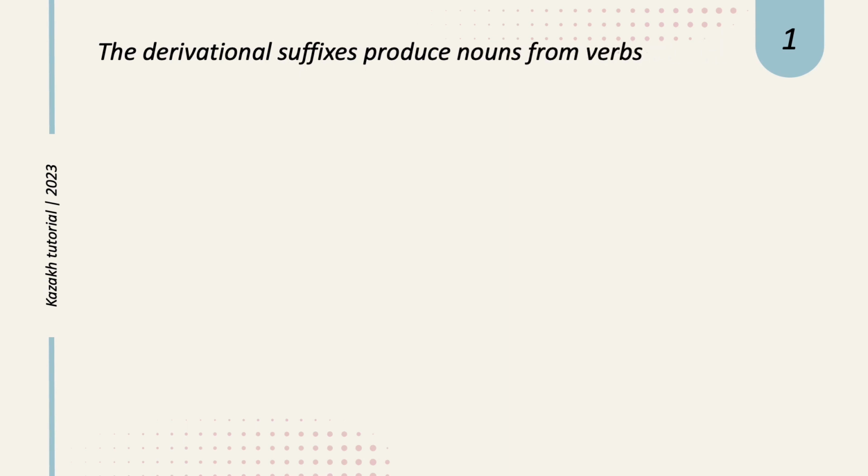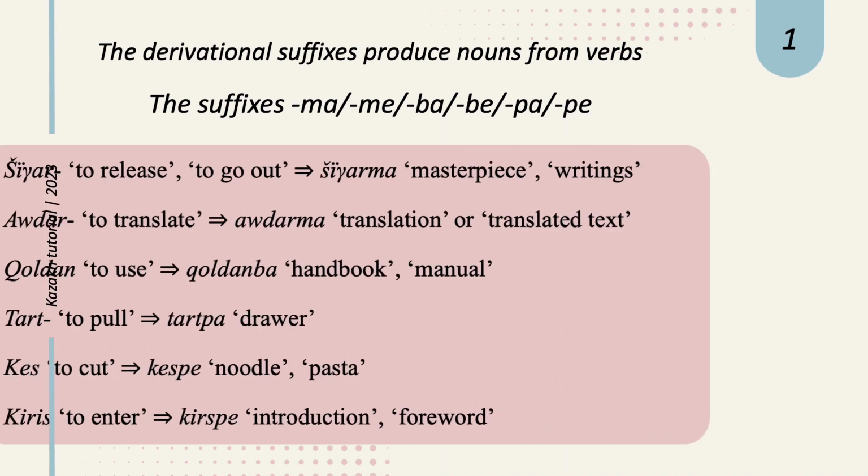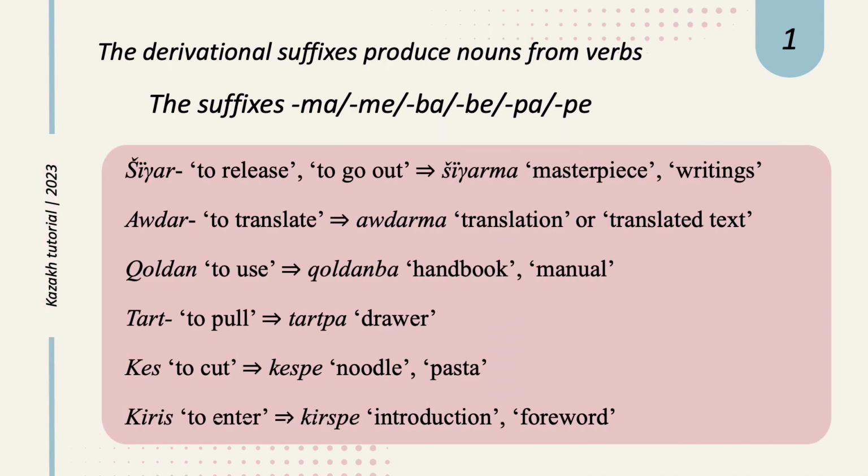The following derivational suffixes can appear after verbs to form nouns. The suffixes -ma, -me, -ba, -be, -pa, -pe can be added after the verbal stem to produce nouns. Example: shigar, to release or to go out, shigarma, masterpiece or writings. Audar, to translate, audarma, translation or translated text.